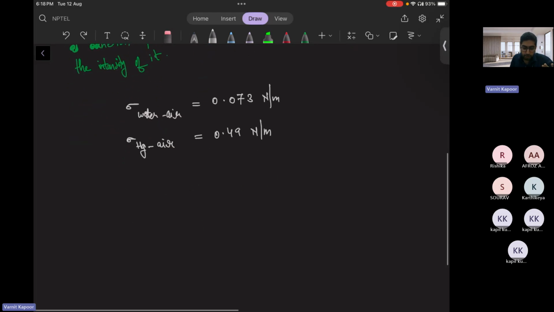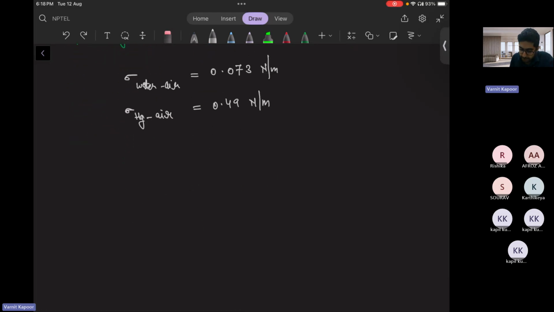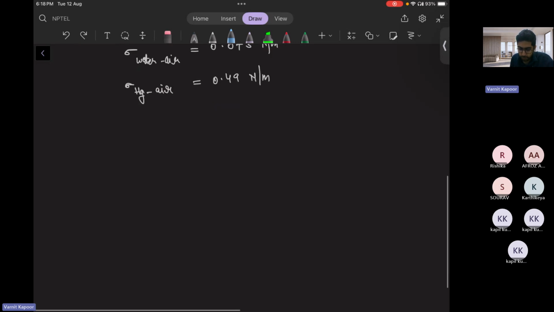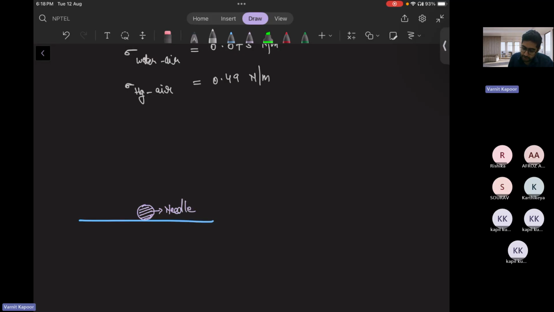Okay. All right. So surface tension, let me write here. Let me first take one more example to give you a clearer explanation. If you have a fluid layer, and a needle is kept on that fluid layer, this is a front view which you are observing. What does it look like from the isometric view?